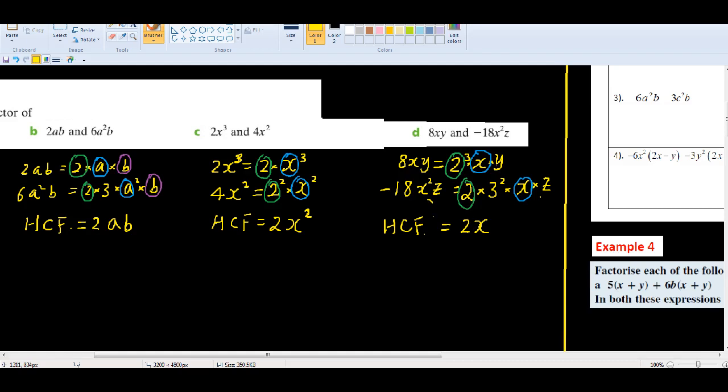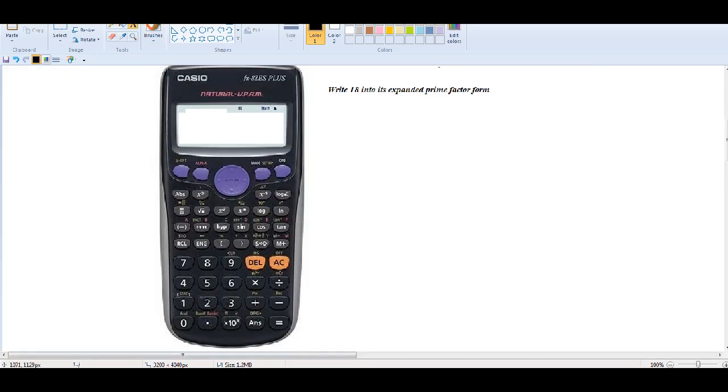Some students have told me that it's difficult for them to break a number like 18 into its expanded prime factors form. So let me show you how to use your calculator to help you. I use this calculator as an example.